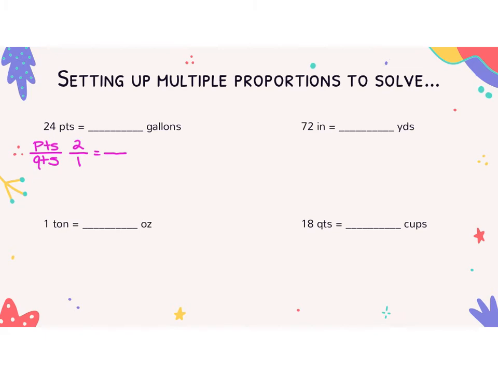And then we need to figure out how many quarts 24 pints is. So we will cross multiply to solve. 2 times x equals 1 times 24, which is 24. Next, we will divide on both sides of our equation to get x by itself, and x equals 12.